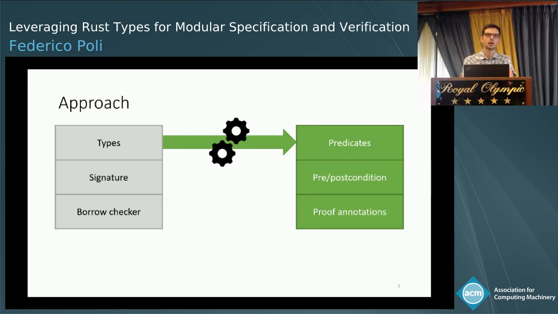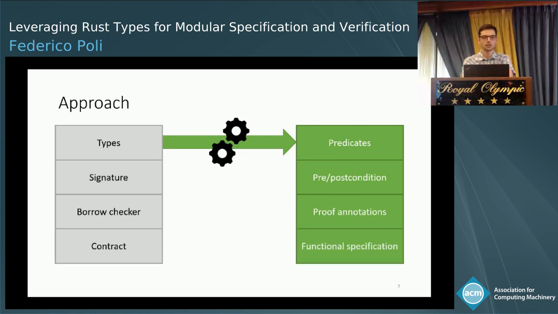From the information coming from the borrow checker, that is a particular component of the compiler, we automatically encode the auxiliary proof annotations that are needed in order to make the proof go through. And finally, from the contract that the developer can optionally add to the code, we can encode the functional specification that is used and checked by the tool.